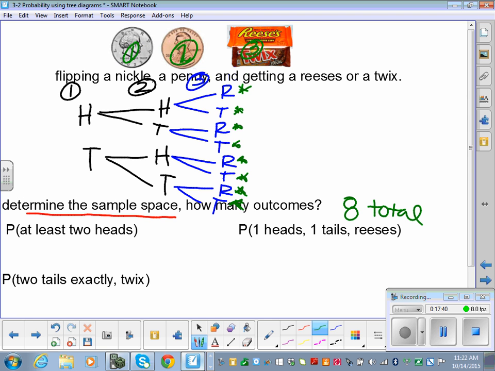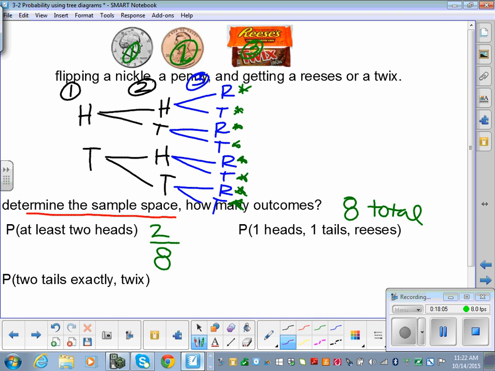So it said, what's the probability of getting at least 2 heads? How many times did that happen? Heads, heads, Reese's, heads, heads, Twix, right? So how many times did that happen? Twice out of how many? 2 out of 8. So I'm going to say that again. It says find the probability of getting at least 2 heads.